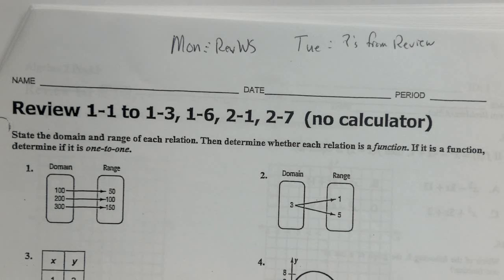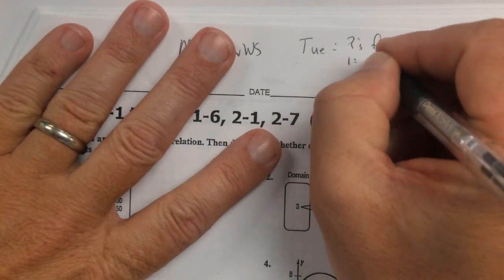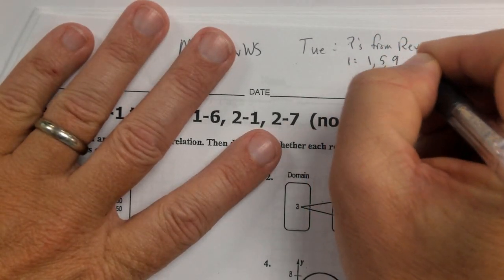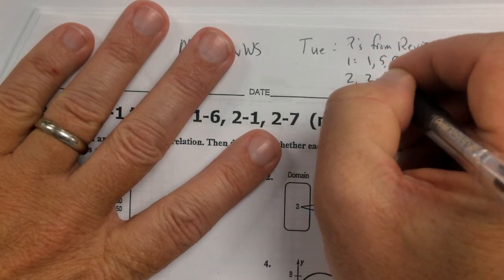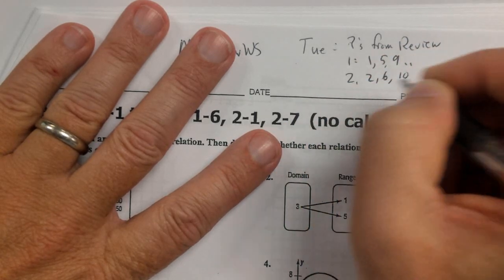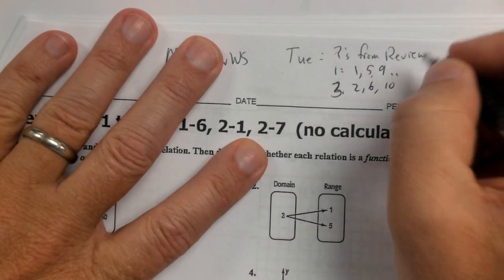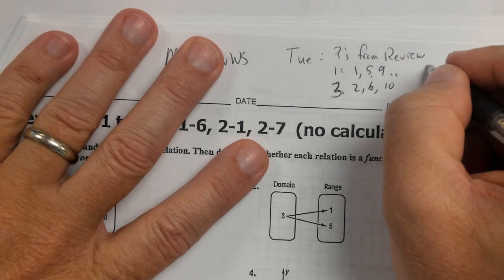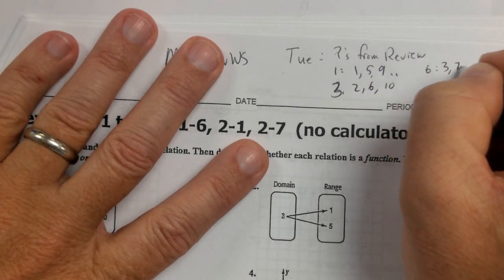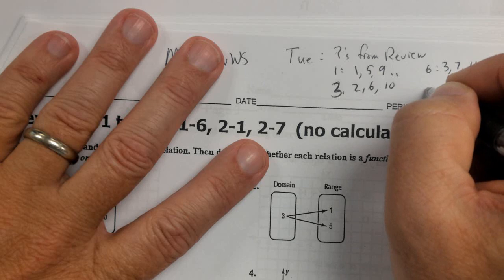Does that make sense? And you'll just have to figure out, if I need an explanation for number 17, which one is that? Because first period will be 1, 5, 9. Second period will be 2, 6, 10. Oops, that'll be third period. Sixth period will be 3, 7, 11.